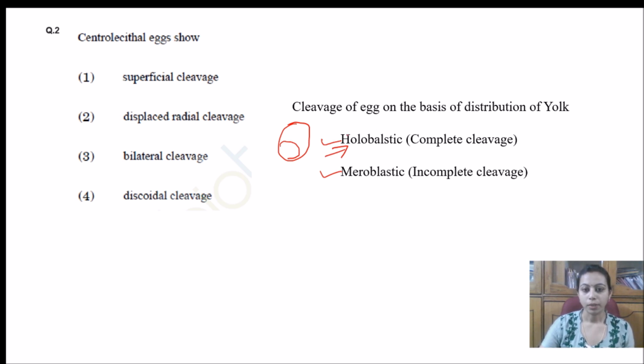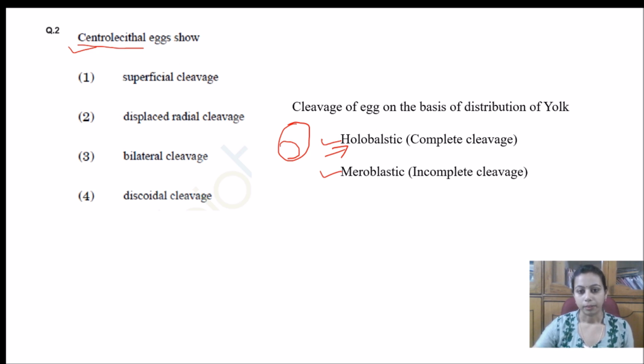I am going to discuss one by one before answering this question which was asked in December 2019. The question is: centrolecithal egg shows which type of cleavage? Why I am discussing this topic completely, I will tell you at the end of my discussion.